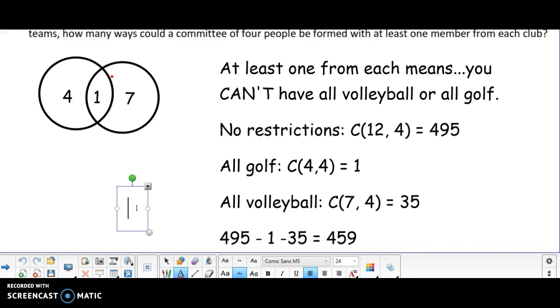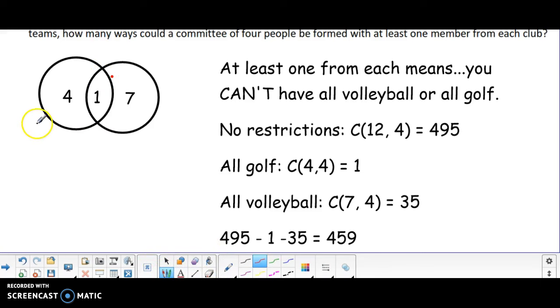The first thing is I had to figure out how many were in each set exclusively. So it says that there are 5 members of the golf team and 8 members of the volleyball team, and one of them is on both. So I drew my sets, and I should have labeled these.